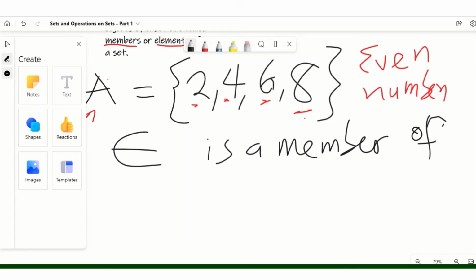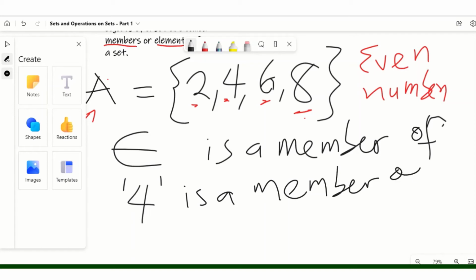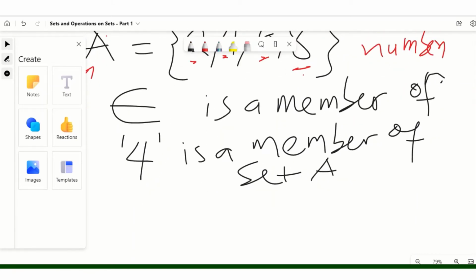If you want to say that 4 is a member of set A, this is how we write it in the set language. We write 4, the symbol, A.